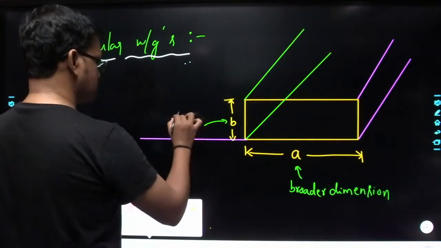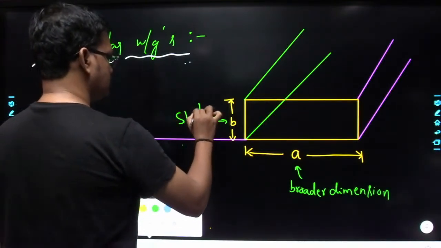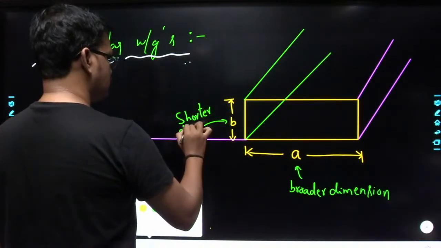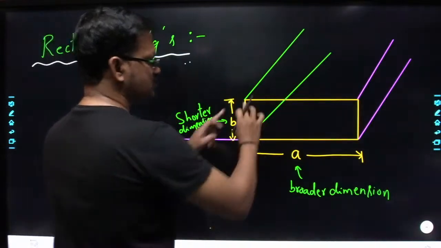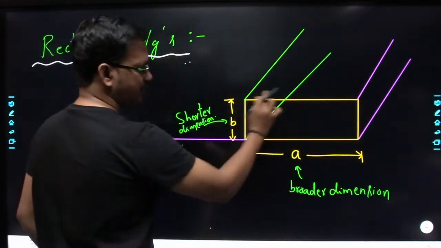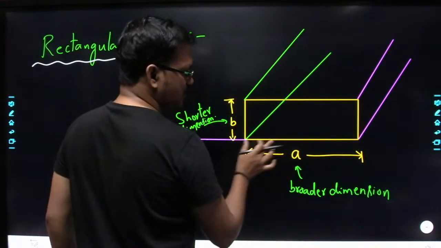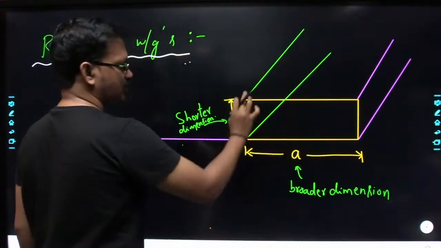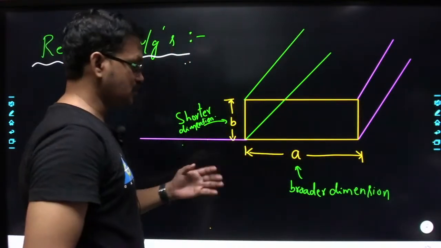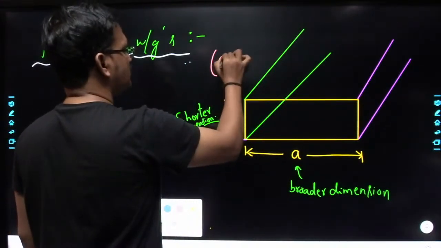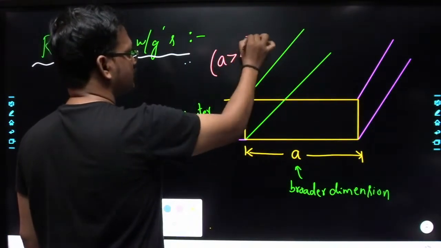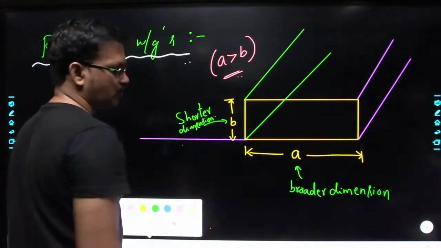This is the cross section of the waveguide. This side is called the broader dimension, and this side I am calling the shorter dimension. Always remember that in general we are going to consider a greater than b.